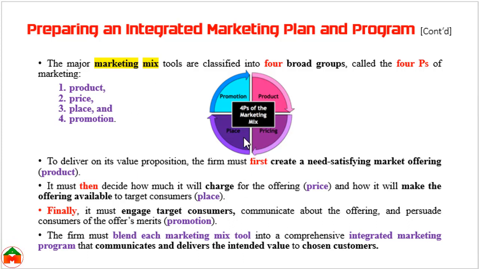So whenever you are including all the issues, product, price, place, promotion, in your strategy, in that case you are applying the integrated marketing program which will deliver the intended value to the target customers, and ultimately by this integrated marketing program you can achieve long-term relationships with the customers by satisfying their needs and wants.